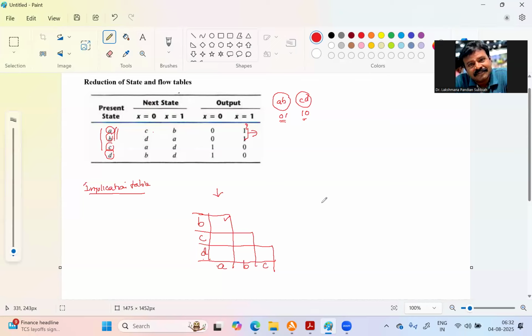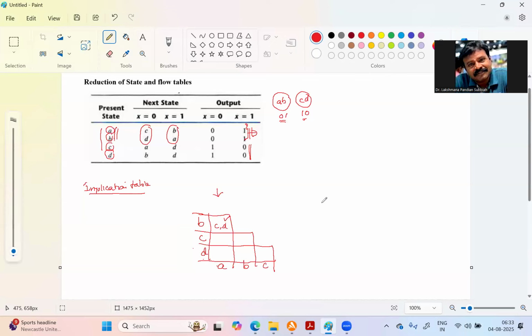By the transitions, AB goes to CD for 0 and to AB for 1. AB is already a pair because of the same output. Then using this transition, CD may be a pair because CD also has the same output.